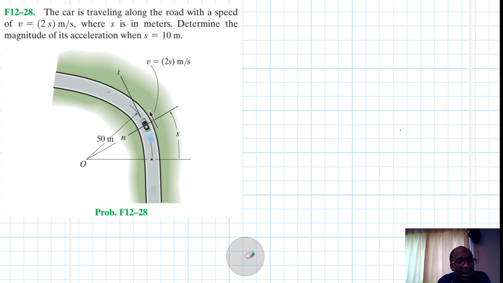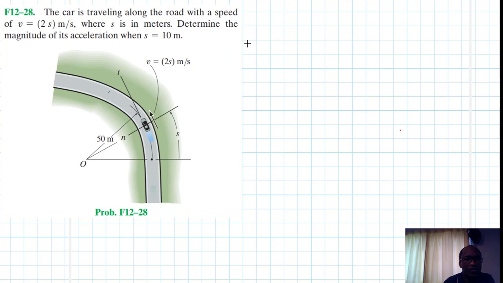So we have a car that is traveling with a speed of v equal to 2s, and s is in meters. We are being asked to determine the acceleration when s is equal to 10 meters.